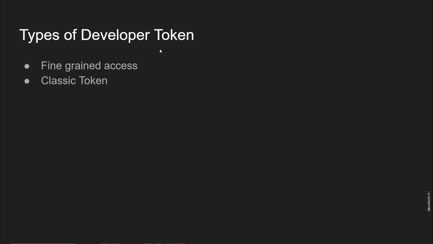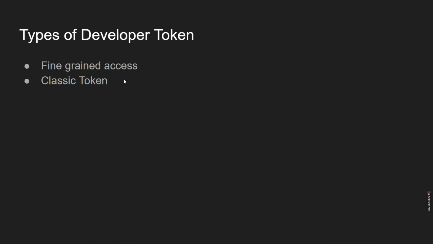Recently GitHub has launched something called a fine-grained personal access token, where we can grant access to specific repositories and specific permissions as well. The difference between the classic token and the fine-grained token is that in the case of a classic token, you define the permissions for the token, and the token will have whatever access you have, to all of your repositories.